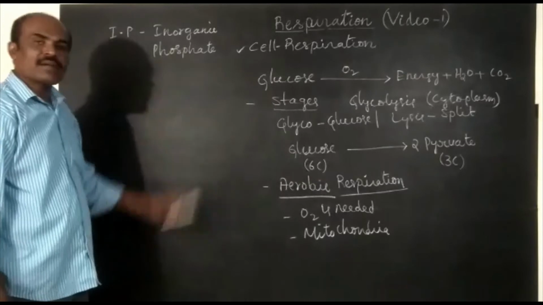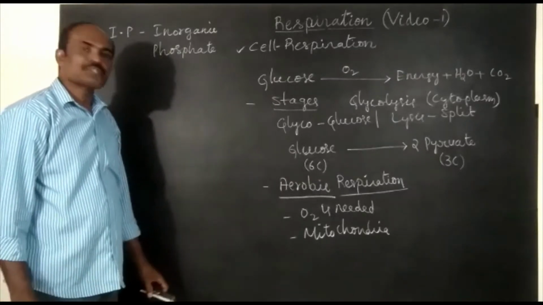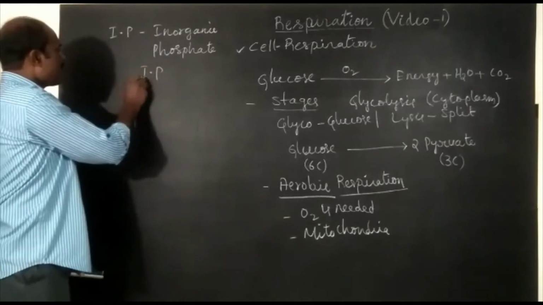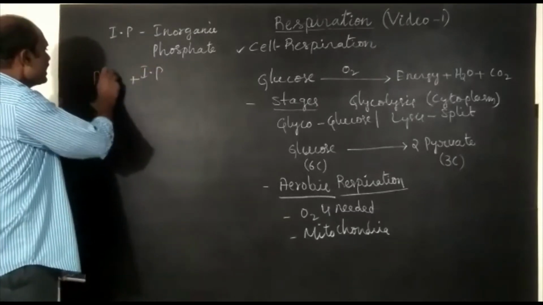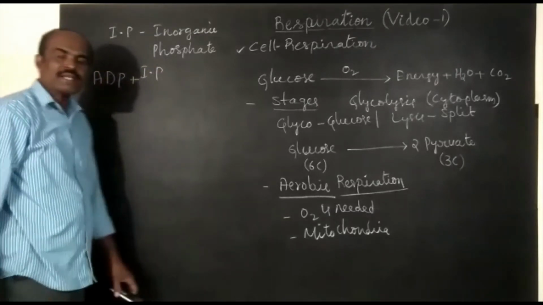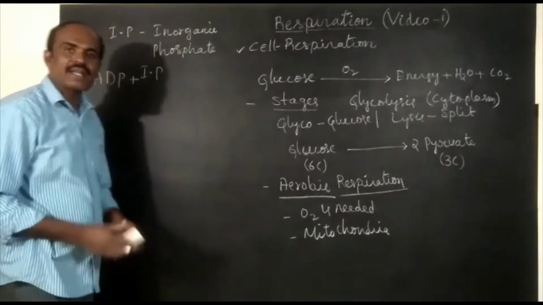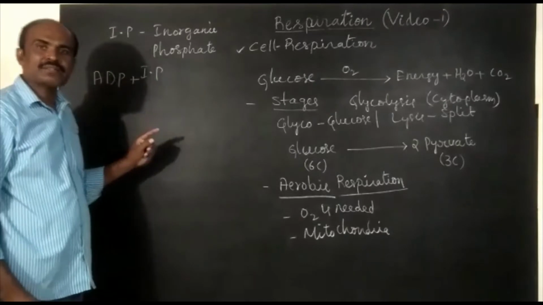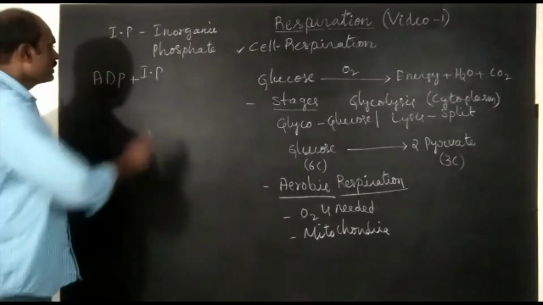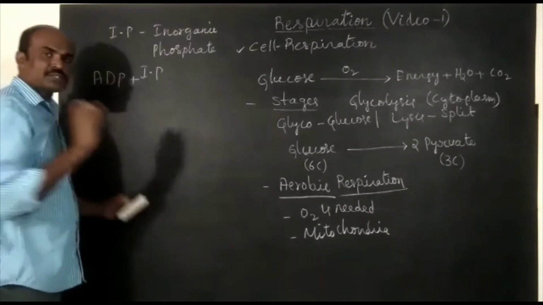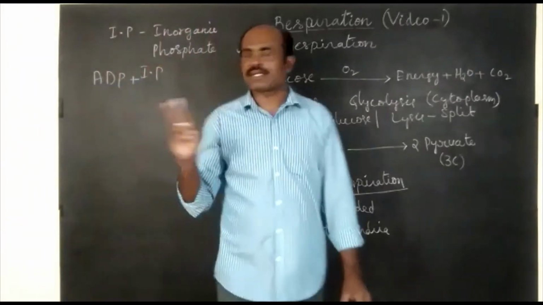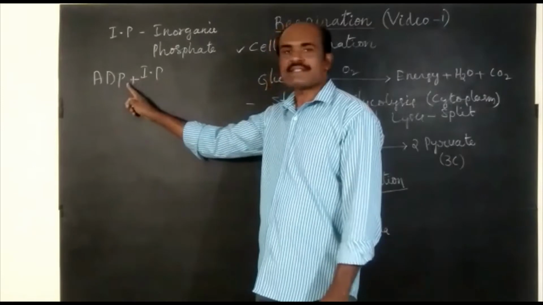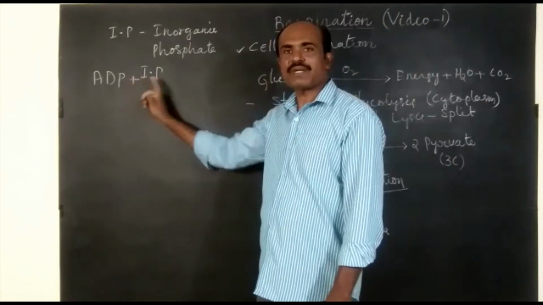The moment inorganic phosphate is released from glucose molecule, it is added to ADP. What is ADP? Adenosine diphosphate. So di means two phosphate molecules are there. Then one more phosphate is added. So 2 plus 1, 3.